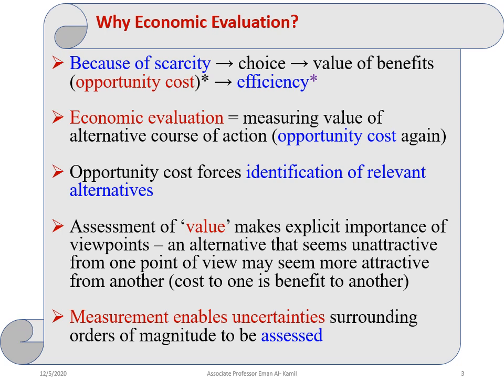So everyone should have an idea about the alternative he is going to choose, regarding the cost and the benefit. In economics and health economics, we are always talking about the cost of any alternative and the benefits of the action, alternative or program which we are going to choose. So there is also the measurement of uncertainty surrounding orders of magnitude to be assessed.